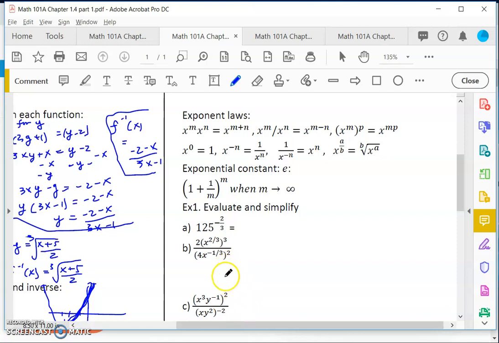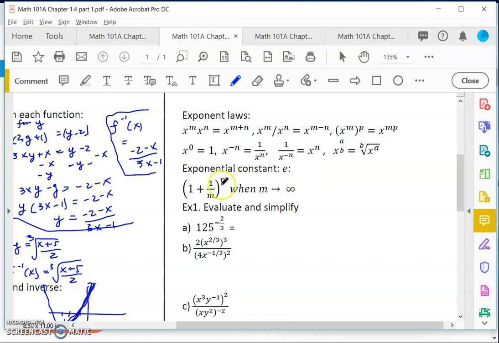Before we go into that, I want to introduce a special base called e. So e is not a variable. It's a constant, just like pi, which is irrational. And how do you get e? E is when you add 1 to 1 over a very big number, and then raise it to the power of the same big number, then it will become e.